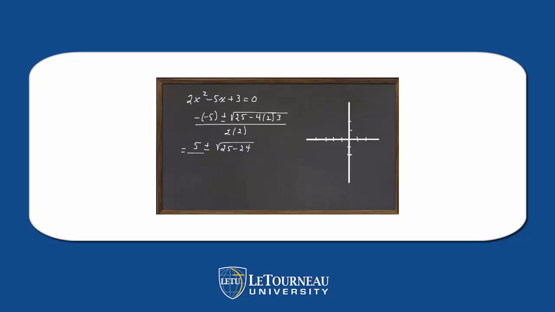Now, be careful of your arithmetic. Extremely important. So we get 5 plus or minus the square root of 1. Oh, good. We know how to find the square root of 1. Now, notice how we get our 2 x-intercepts here. One is 3/2, one is 1, and so (3/2, 0) and (1, 0).